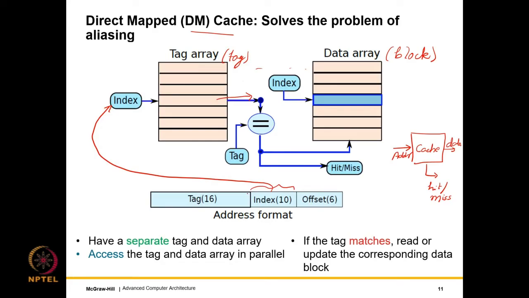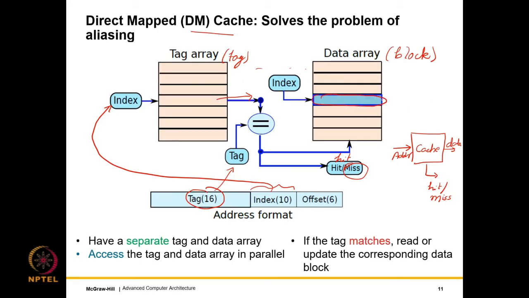So from the address we extract its upper 16 bits, which is the tag part of the address, and we compare the stored tag with the tag part of the address. If they are equal, we say it's a hit. If they are not equal, we say it's a miss. If we have a cache hit, which means that the tag part of the address matches the tag, then we go to the same index over here and access the data array entry, which is this block.